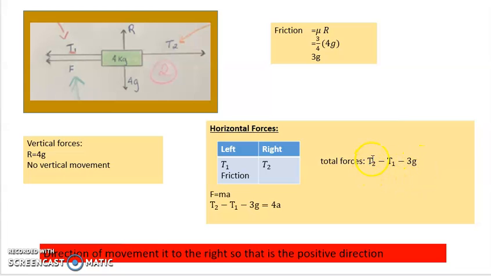Remember, T2 is moving in the correct direction, and T1 and 3g have to be taken away because they are against the direction of movement. I'm going to use force equals mass times acceleration again. So T2 minus T1 minus 3g is equal to my mass, 4, times my acceleration.